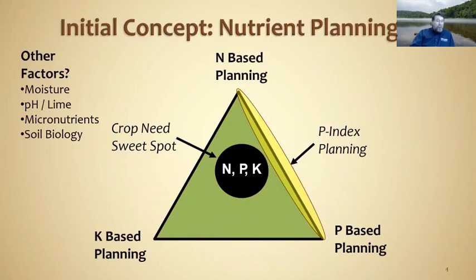From a nutrient planning perspective, at least with manure applications in the past, there's been a tendency to say, okay, let's supply the nitrogen needs of the crop and not really think about what the phosphorus application rates are going to be or the potassium application rates are going to be. But when you look at the major nutrients needed by the crop, N, P, and K, there's an application rate that optimizes for nitrogen.